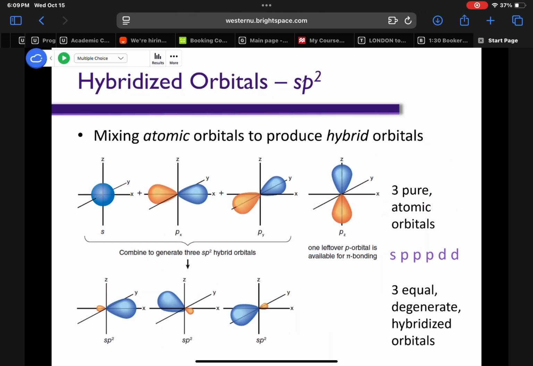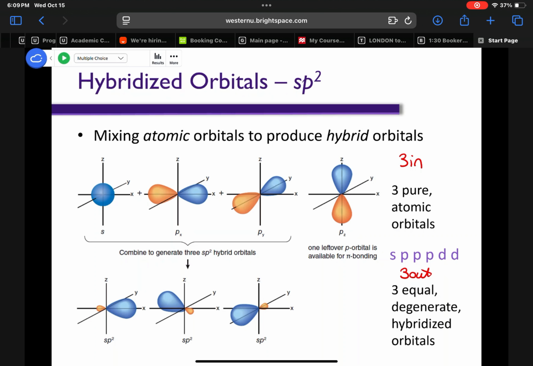What if I didn't want 4 regions of electron density? What if I only wanted 3 regions of electron density? Well, if I want to get 3 hybridized orbitals out, I need to put 3 atomic orbitals in. 3 in gives me 3 out. So I start with my lowest energy.